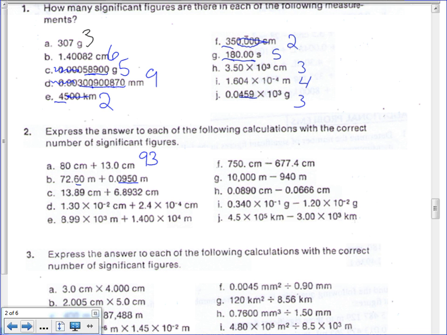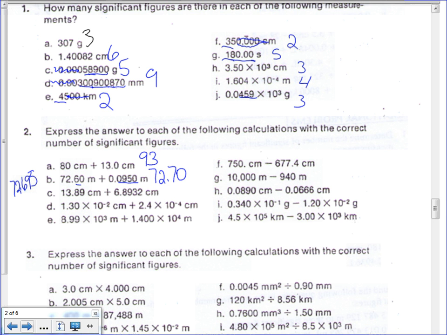And we want to round it so that it only has 2 places past the decimal point. So if it's 0.695, we want to round that to 2 places past the decimal. This 5 is going to round 69 up. So we're going to end up with 72.70. That one's kind of tricky.